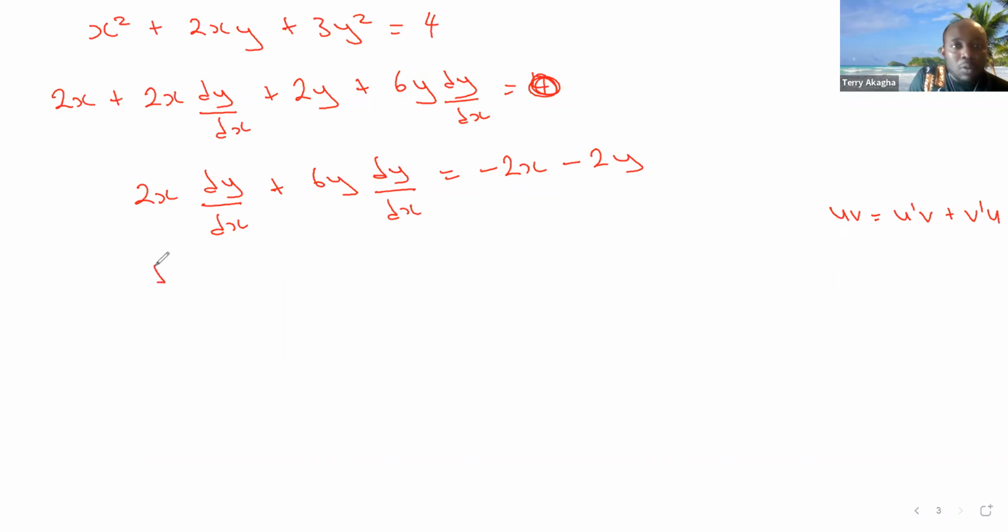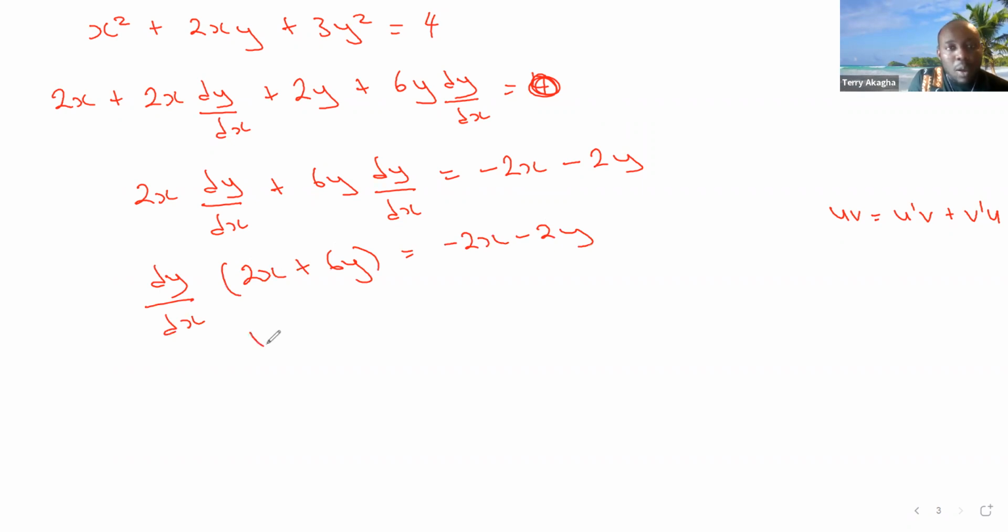You collect like terms, so 2x plus 6y dy over dx is equal to minus 2x minus 2y. So dy over dx, divide both sides by 2x plus 6y, and that will give you minus 2x minus 2y divided by 2x plus 6y.